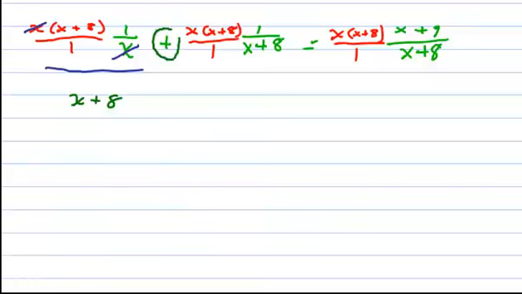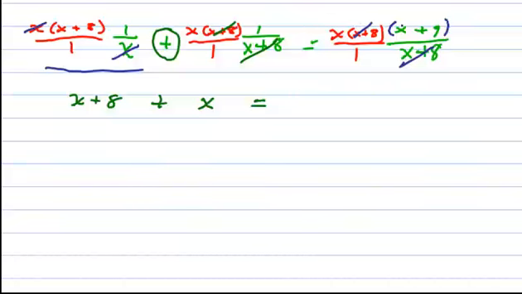When we have a minus here, be very careful, but we have a plus, so we don't have to worry about it. And we're going to cancel the x plus 8s, and we're left with x times 1 over 1. And in this last term, we can cancel the x plus 8s, and I should have put parentheses here.